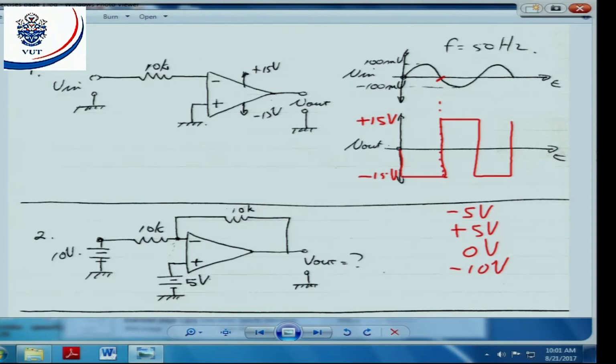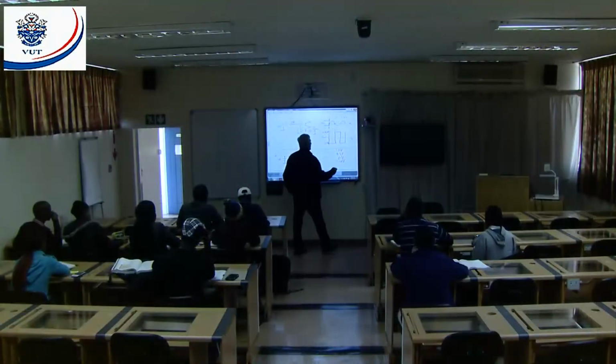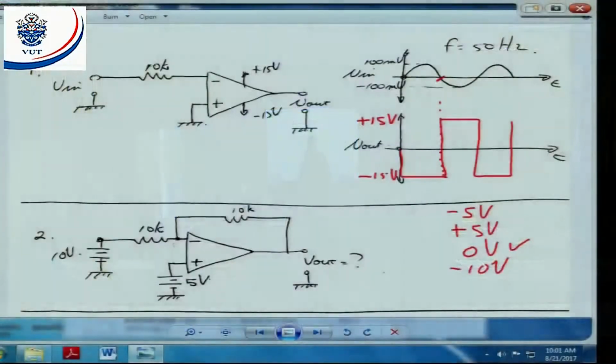We got a few not sures. We got minus 5, plus 5, 0, and minus 10. The largest amount is 0 volts. Let's go and work it out.